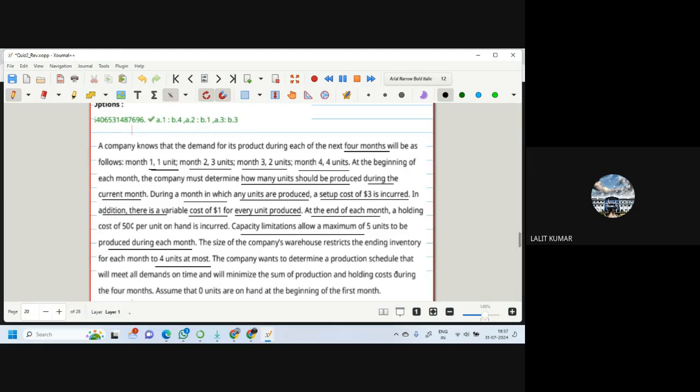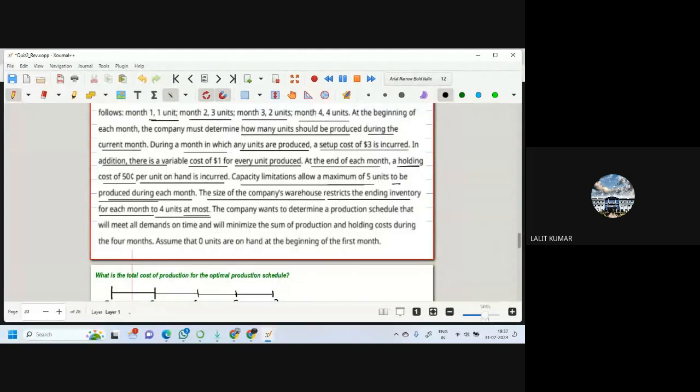At the end of each month, a holding cost of 50 cents per unit on hand is incurred. Capacity limitations allow a maximum of 5 units to be produced during each month. The size of the company's warehouse restricts the ending inventory for each month to 4 units at most. The company wants to determine a production schedule that will meet all demands on time and will minimize the sum of production and holding costs during these 4 months. Assume that 0 units are on hand at the beginning of the first month.